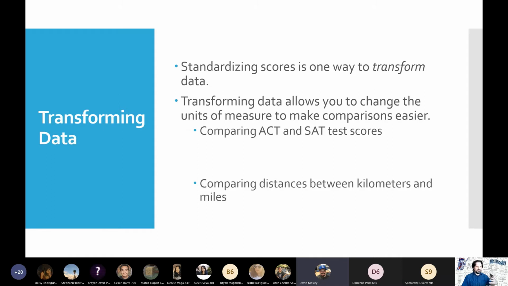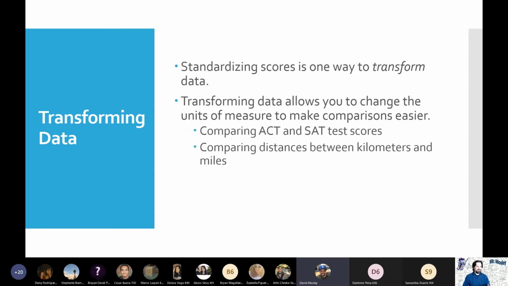And so it allows us to do comparisons of things that were originally in different units. Right? You can use this to compare distances, kilometers and miles, and averages, things like that. Comparing grades from percentages and 4-point scales, right? Percentage grade and a 4-point scale can be greatly different in how they're measured.